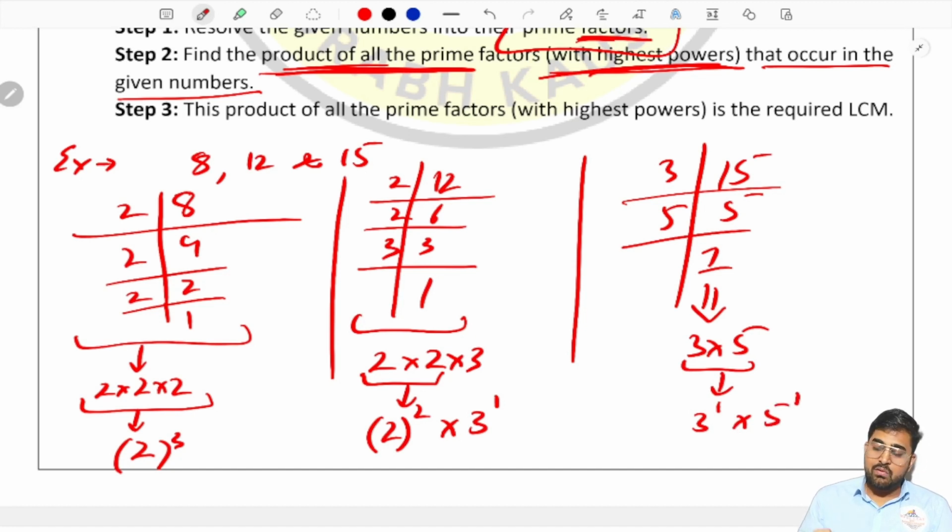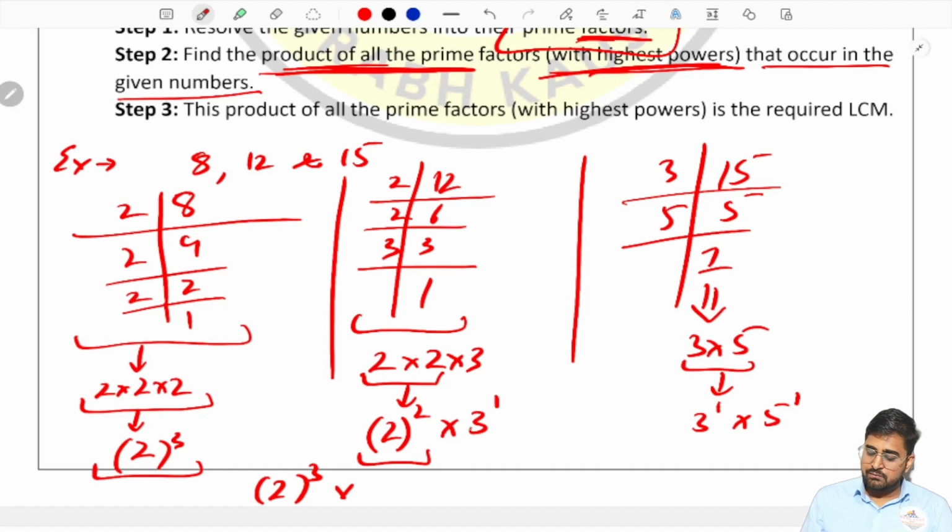Now, they want us to make the product, and with the highest power only. For example, here we have 2 to the power 3. In this case, we have 2 to the power 2. We have to consider the highest power. The highest power here is 2 to the power 3. So take 2 to the power 3, discard 2 to the power 2.